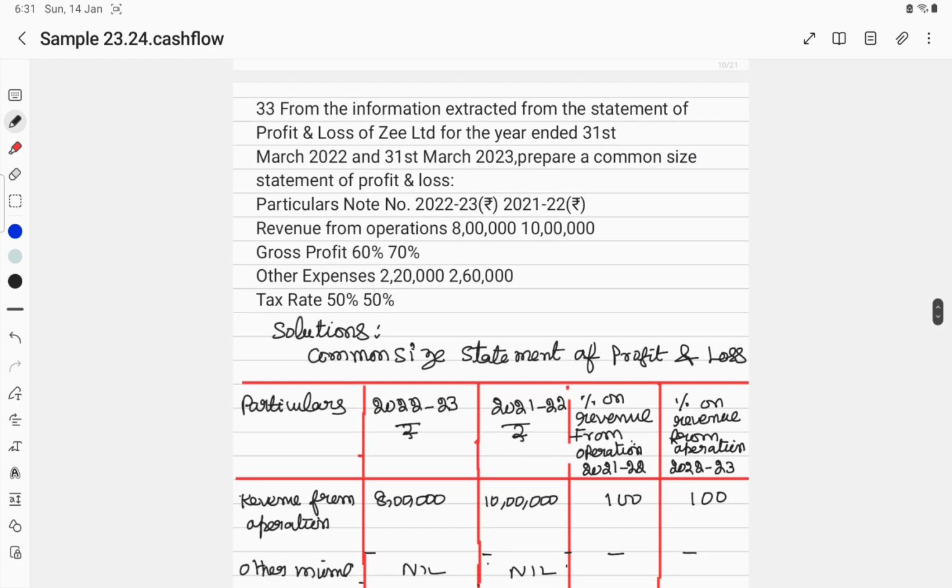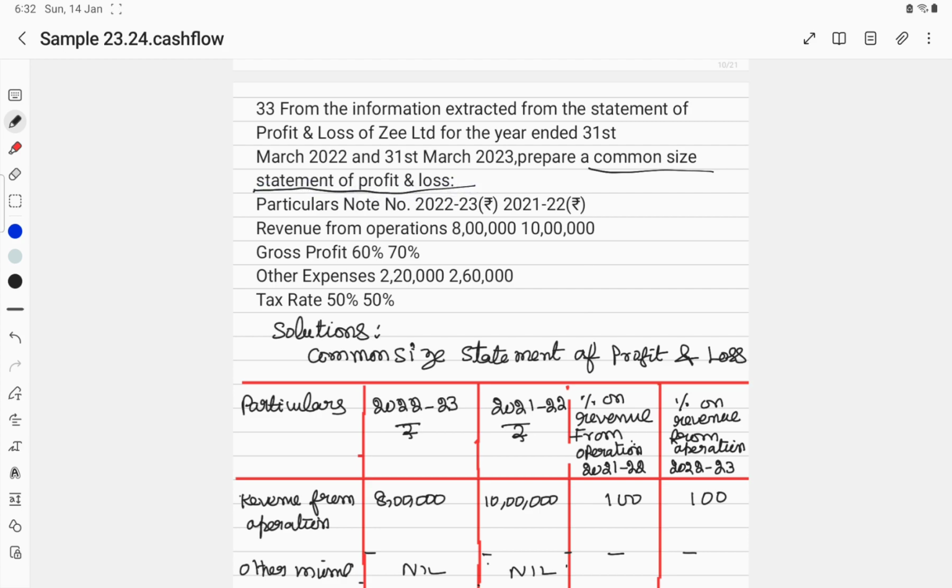Question number 33. From the information extracted from the statement of profit and loss of Z Limited for the year ended 31st March 2022 and 31st March 23, prepare a common size statement of profit and loss.